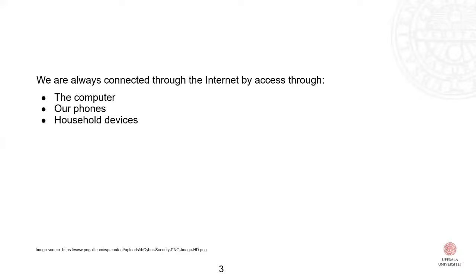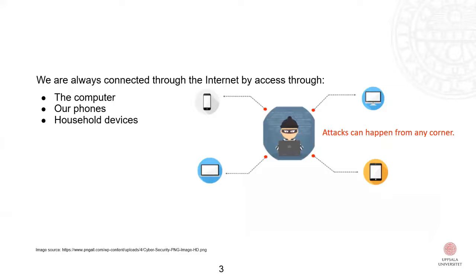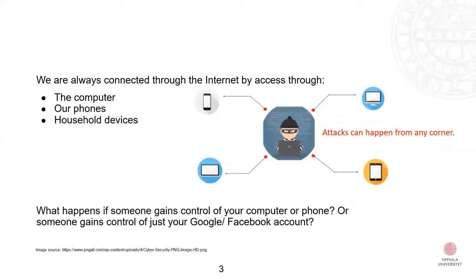First, let's briefly recap some terminology. We are always connected through our computers, mobile phones, or household devices to the internet. Because of this connection to the outside world, it is possible that attacks can happen from different corners.